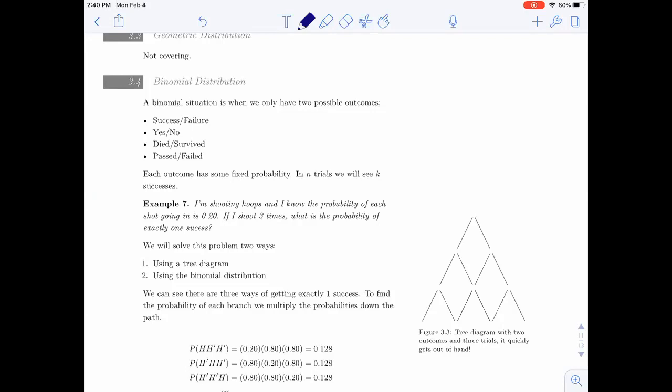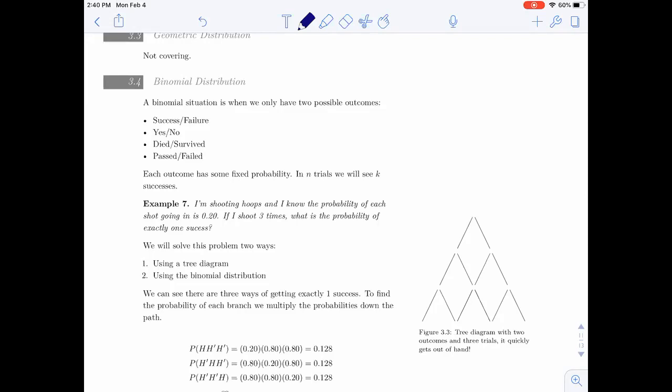So you could have A, B, C, whatever. I know there's more levels, but you could boil it down to pass, fail. You could even boil it down to A, not an A.